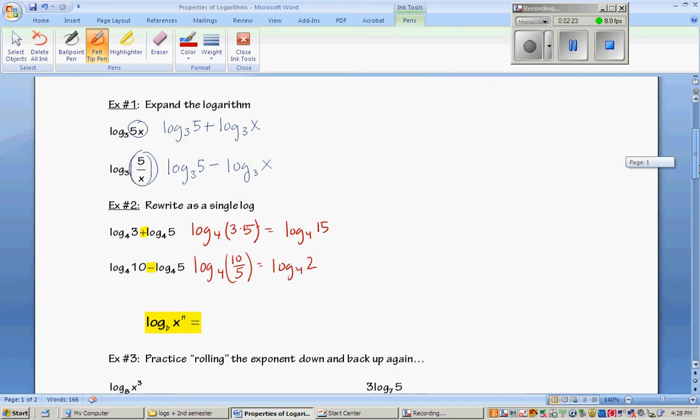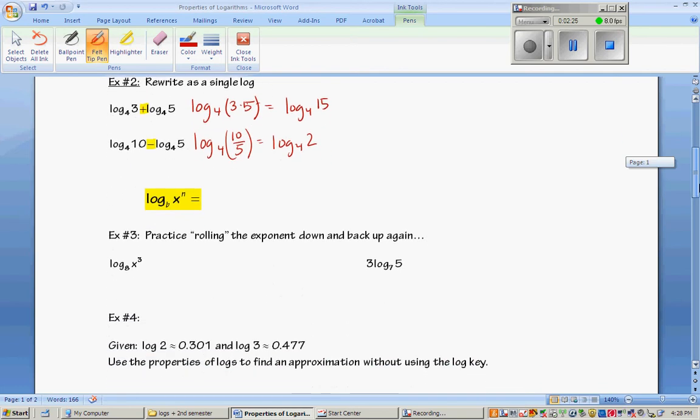The next property is one that helps us to solve problems that are not in a base 10 form. I find it easier than using the change of base formula even. And what's going to happen is this little exponent here is going to roll down to be in front of the log. So this becomes n log base b of x.